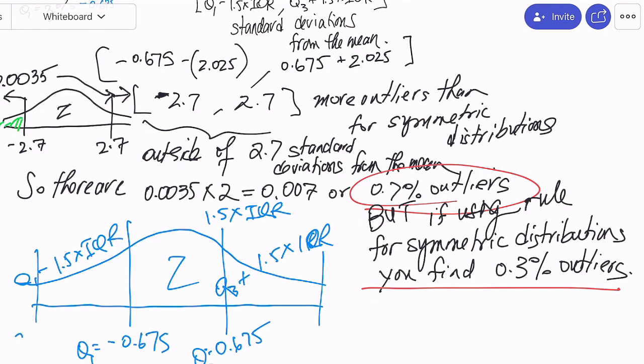So this was negative 2.7, this was positive 2.7, and you found the percentage of outliers here. That's what we did. That's the overview.